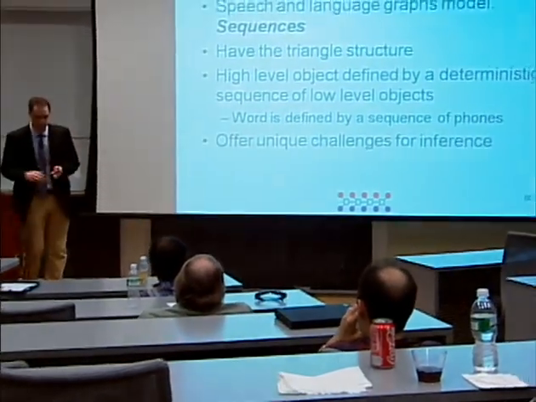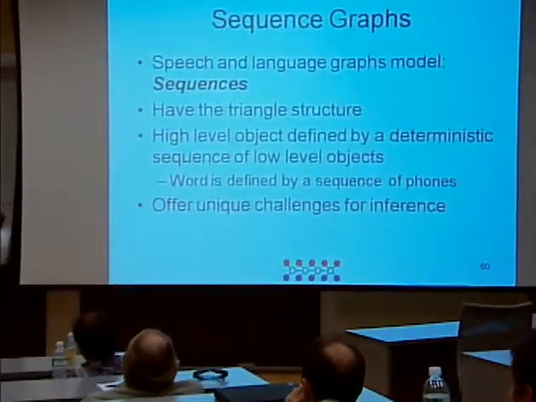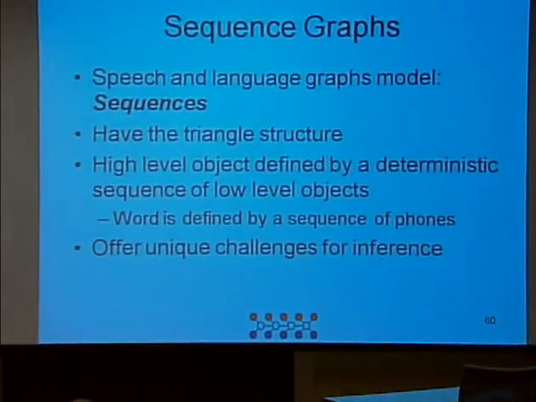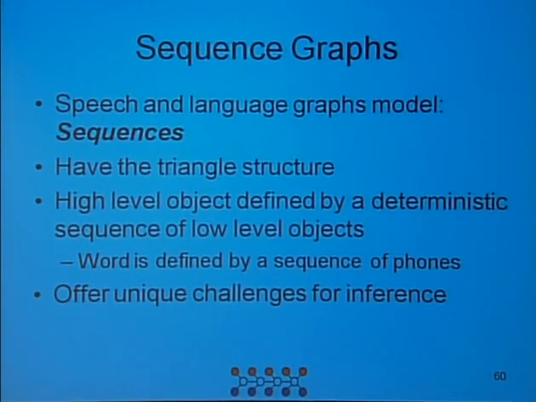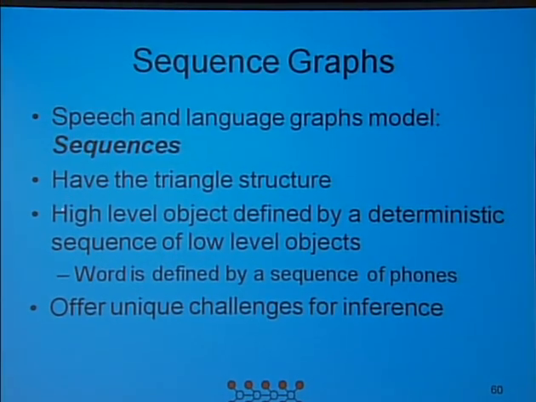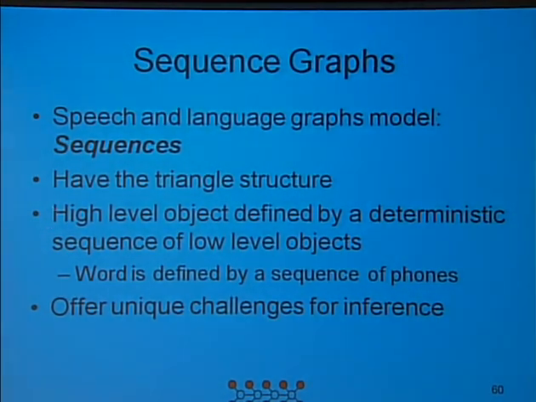Okay. So I have to do this quickly, but speech and language graphs model sequences. What I mean by sequences is that they have the triangle structure that I talked about earlier. This triangle structure is used to model some high-level object that's defined by a deterministic sequence of low-level objects, such as a word defined by a sequence of phones.